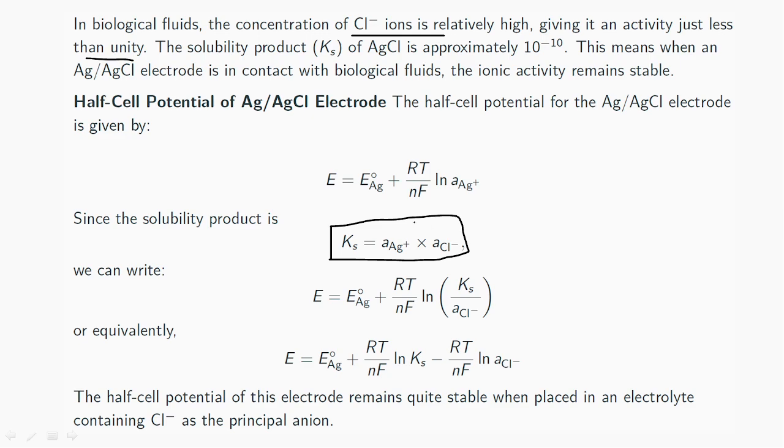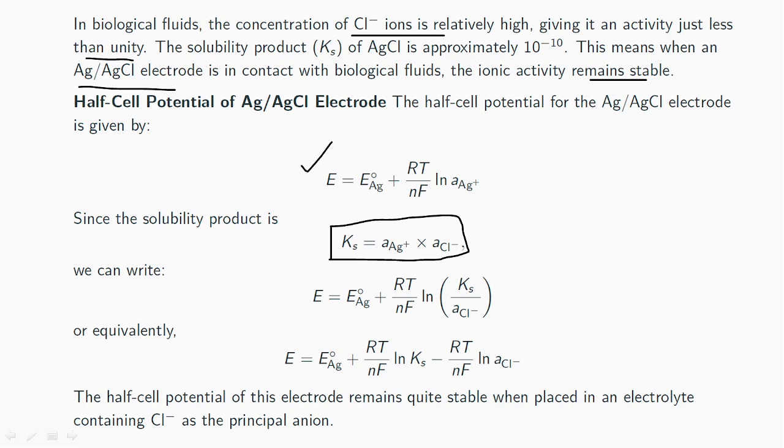We multiply those and it gives you the solubility product. For AgCl it is approximately 10 to the minus 10. This means when an AgCl electrode is in contact with biological fluid, the ionic activity remains stable and is very low.